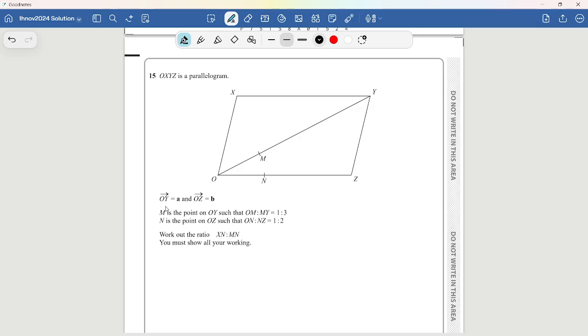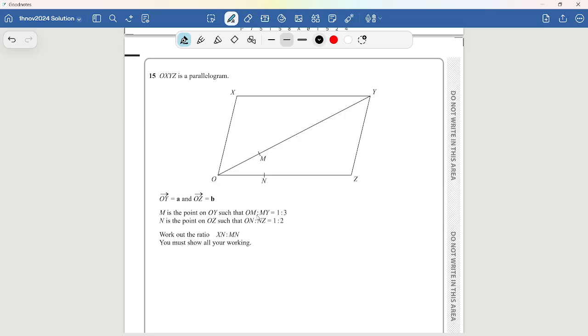We've got these values. The length of O to Y is A and O to Z is B. M is a point such that O to M and M to Y are in the ratio 1 to 3. If I have this ratio, how can I express each individual part as a fraction?